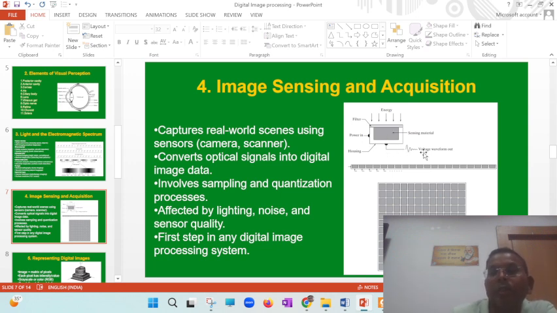This voltage represents the intensity of light coming from the image. When we take a linear array or two-dimensional array, it forms the sensing part of the camera.